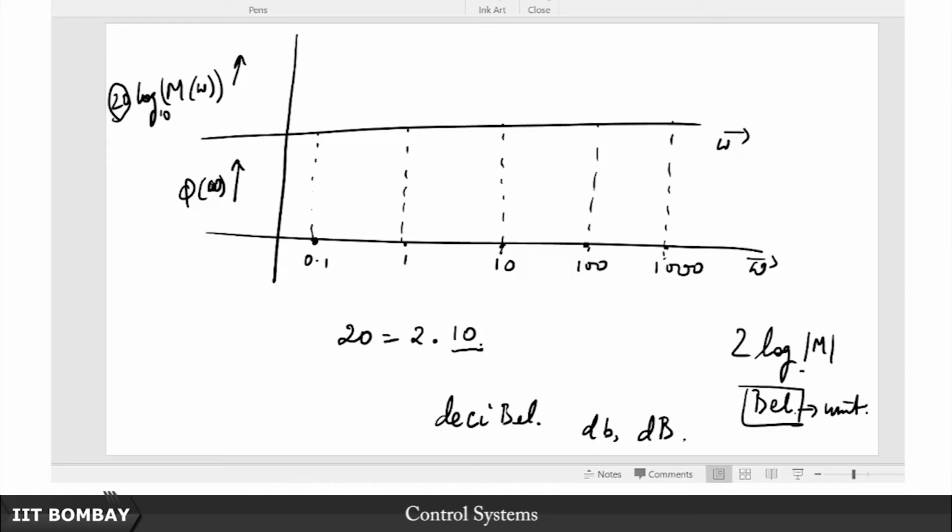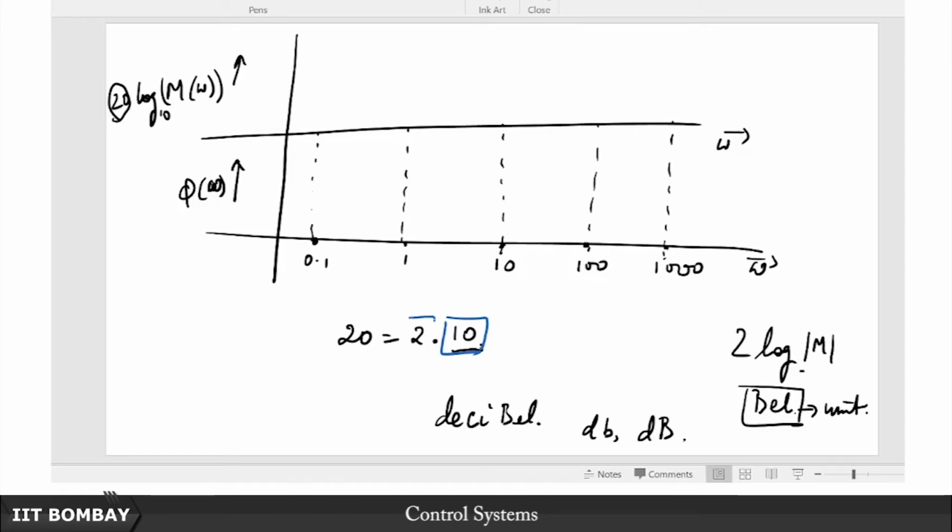Similarly deci, you know, milli, centi, deci, then there was deca, then hecto, and so on and so forth. So this deci is just 1/10 of the bel, so therefore you multiply it by 10 in order to account for that. So that takes care of this factor of 10.